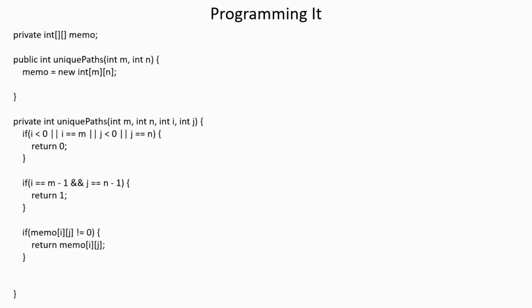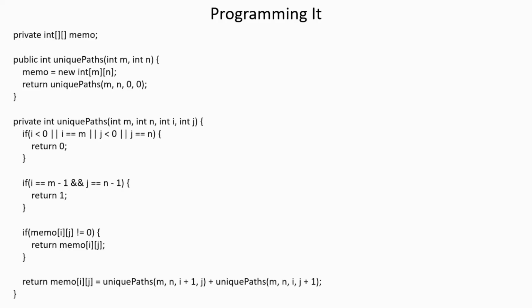And if it does, we return that. And if none of these are true, we just return the sum of the bottom and the right. And finally, the main method returns the helper method with index as 0, 0.